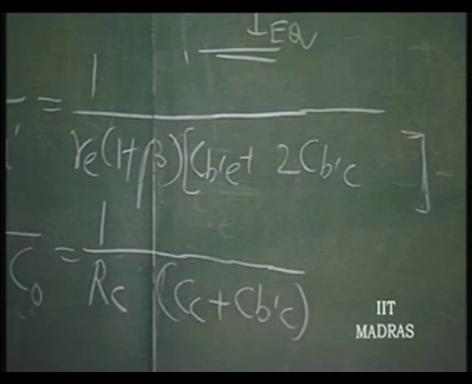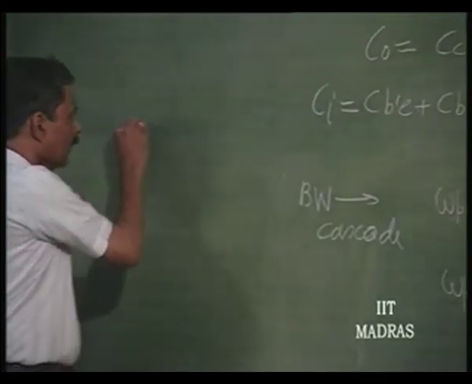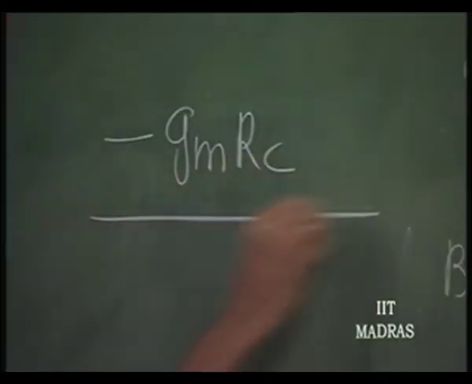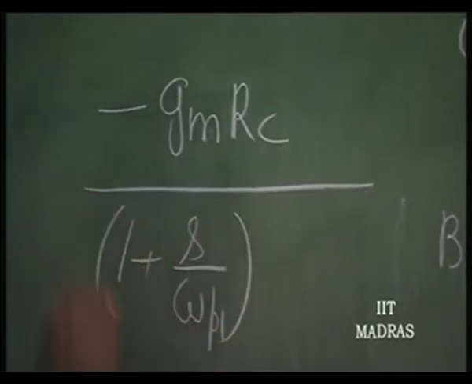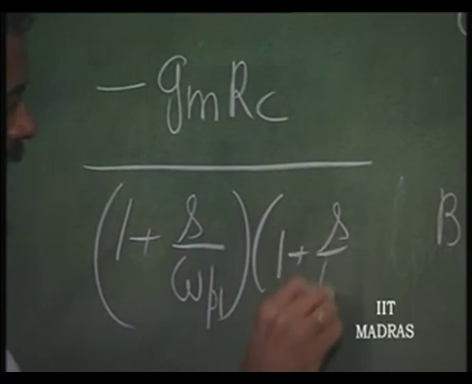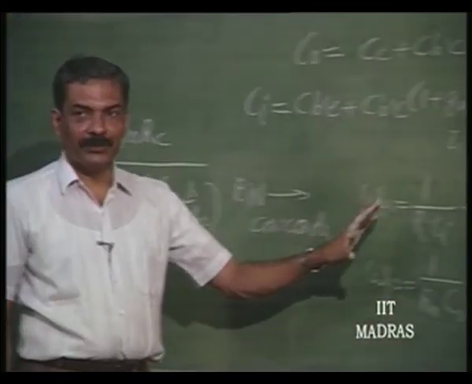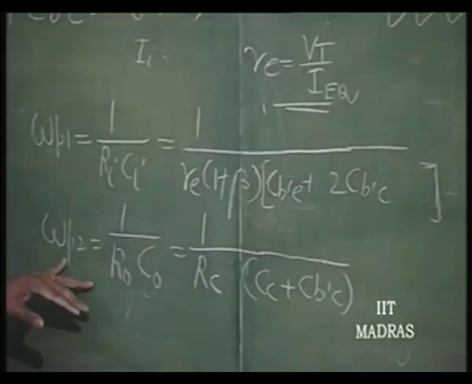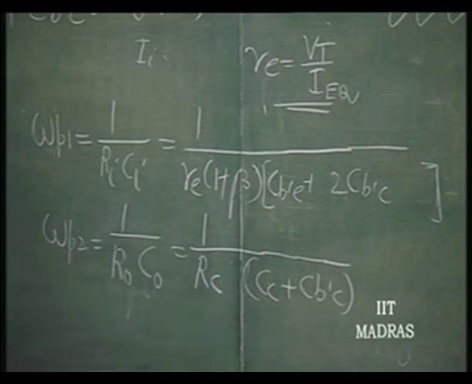As far as the low frequency gain is concerned, it still remains G M into R C. So, I can now write down the complete expression for the gain, with omega p1 and omega p2 being these two for the cascode structure. The low frequency gain remains the same.